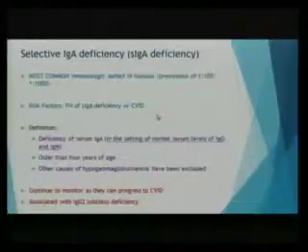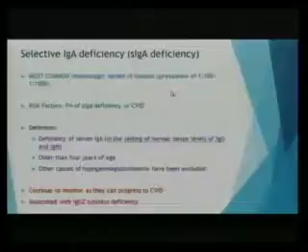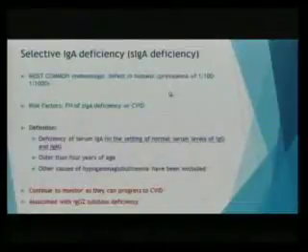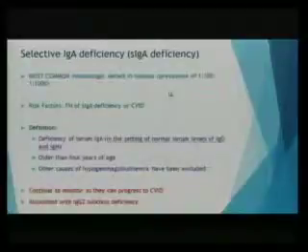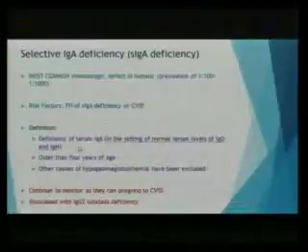Now, selective IgA deficiency is the most common immunological defect in humans. It has a high prevalence of between 1 in 100 and 1 in 1,000. There are certain risk factors, such as having a family history of selective IgA deficiency or CVID. The definition is a deficiency of serum IgA in the setting of normal levels of all the other immunoglobulins.